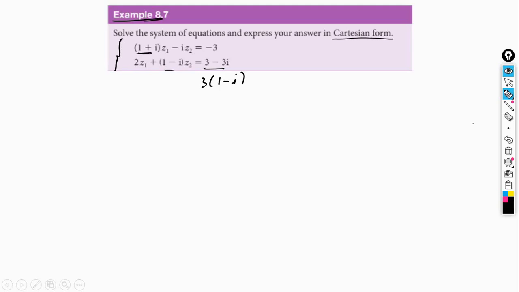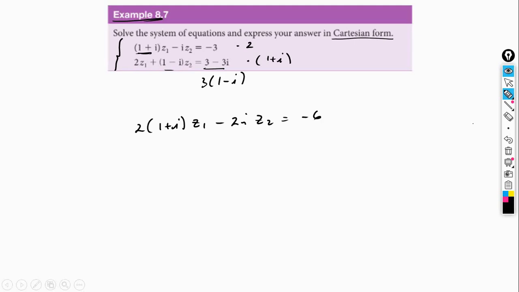Then, because we want to eliminate one of these variables in order to solve for the other one, notice that if I multiply this by 2 and this by 1 plus i, on top I'm going to get 2 times 1 plus i times z1 minus 2i z2 is equal to minus 6.